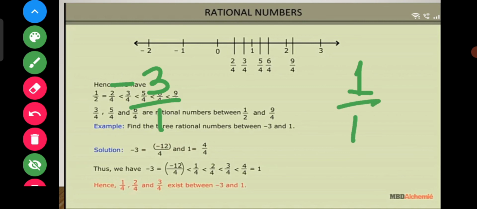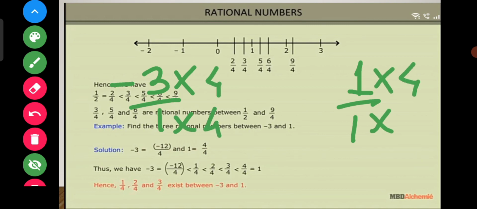So we have given a denominator to these numbers. And then how many do we have to find out? Three rational numbers. So at least we can multiply it by 4. We can do it with 3 also, but let's multiply it by 4.